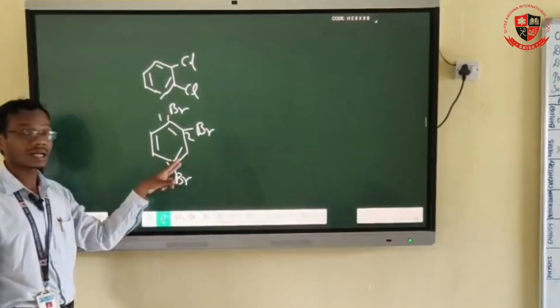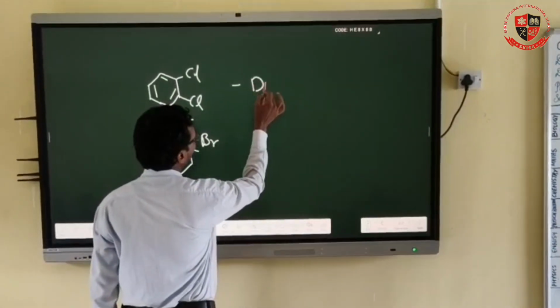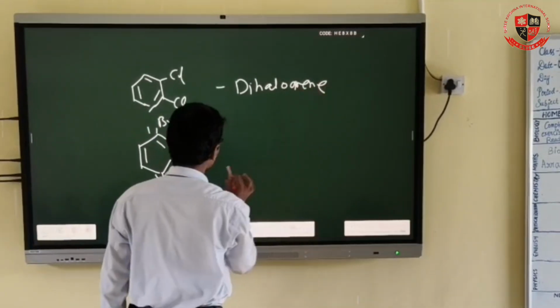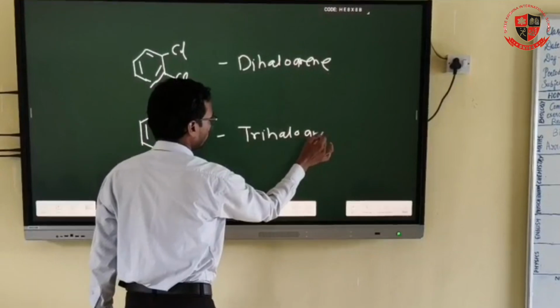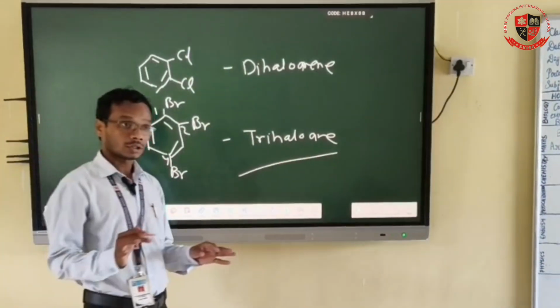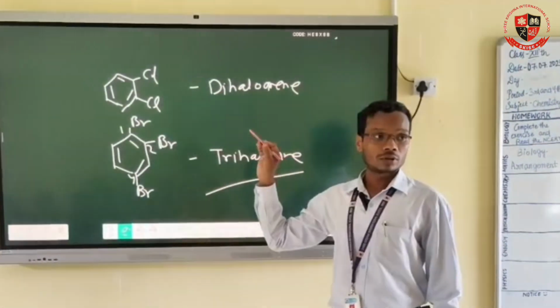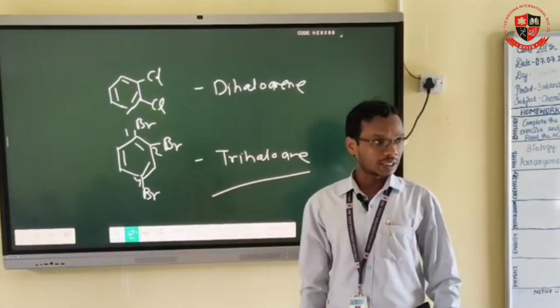In the second there are three halogens. So you can classify it as a dihaloarene, and this is a trihaloarene. Okay. This classification is based on the number of halogens present in the carbon compound, that is alkane or benzene.